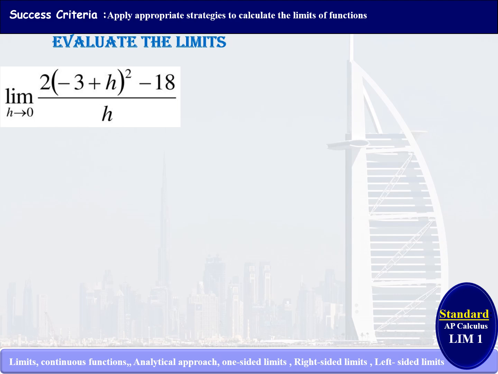Next question. Now look at this. Minus 3 plus h. Okay, can I write it as, just look at the bracket first. Outside the bracket there is a power 2. So I have a formula, a minus b whole square equals a square minus 2ab plus b square. So look at this.